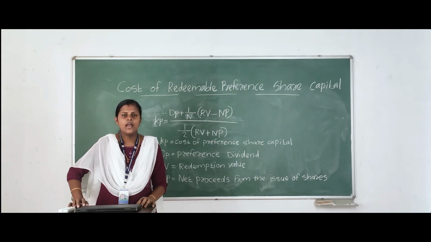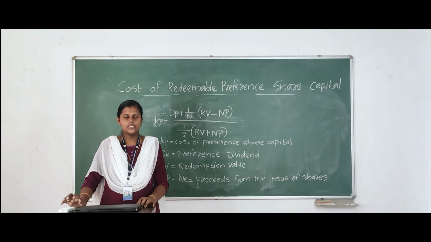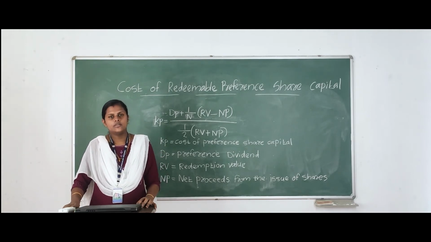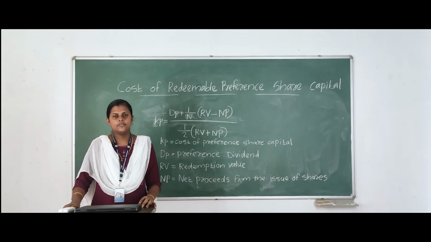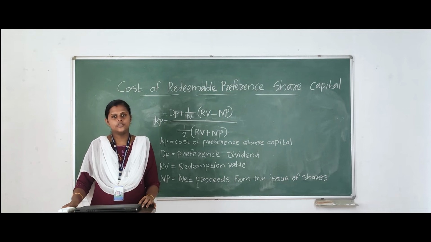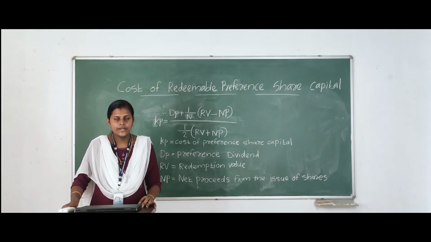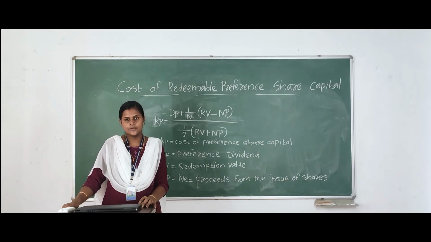Now let us see how to calculate the cost of redeemable preference share capital. Redeemable preference shares are those shares which are redeemed after a stipulated period. Redemption of preference shares means repayment of preference share capital to preference shareholders, and it is repaid after a stipulated period or a specific period.